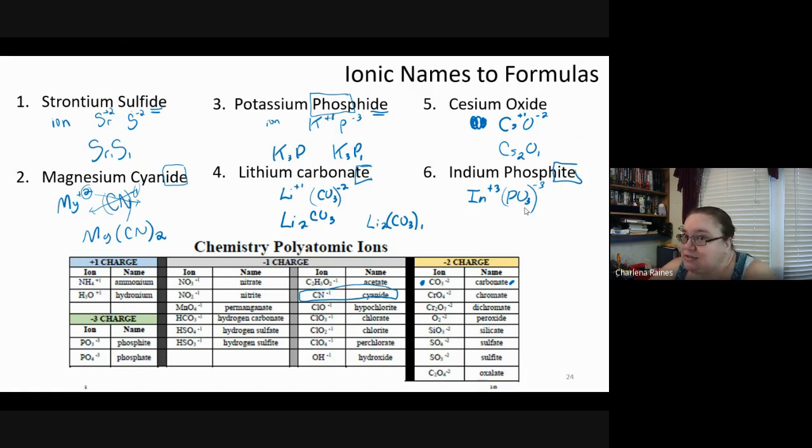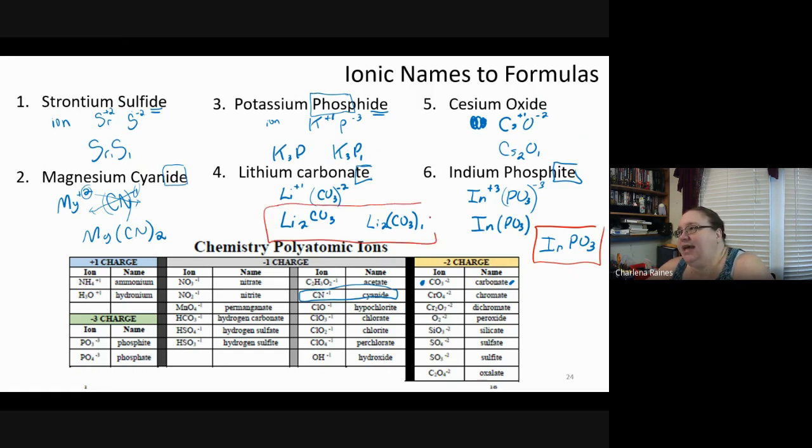So since they cancel, I can just write the symbols. I don't have to worry about that swap and drop because in a sense, I'm swapping and dropping ones. So In, I've got one of them. PO3, I have one of them as well. And yes, since there's only one, you don't have to write the parentheses. Both of those would be the correct chemical formula for indium phosphite.